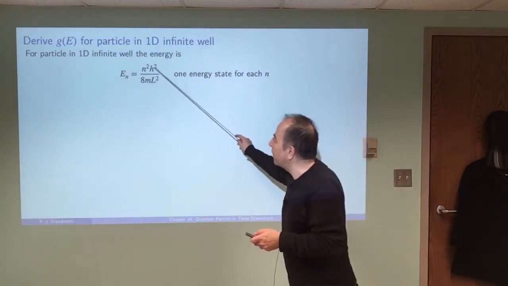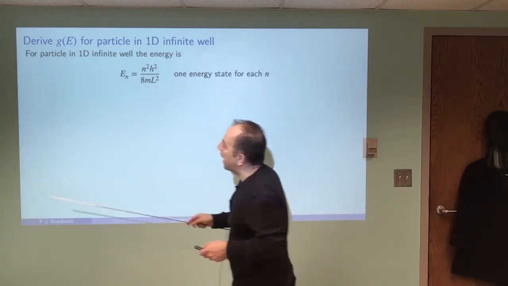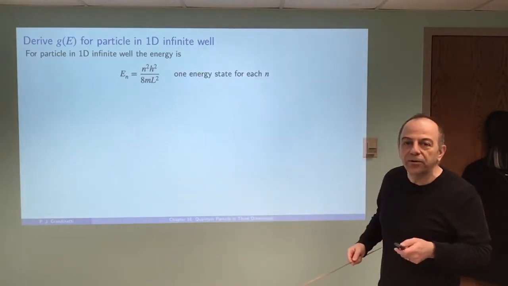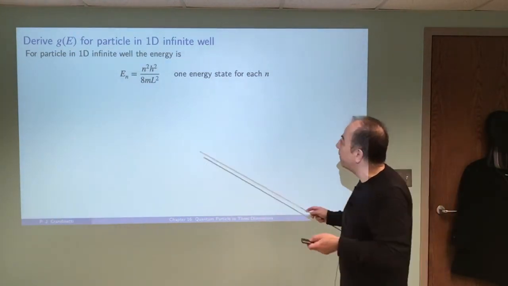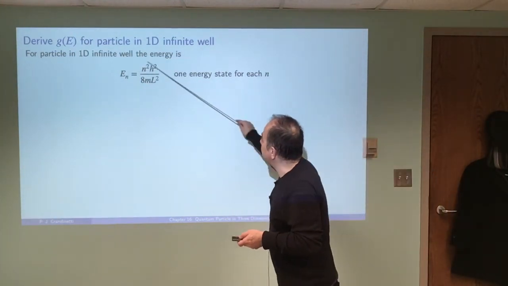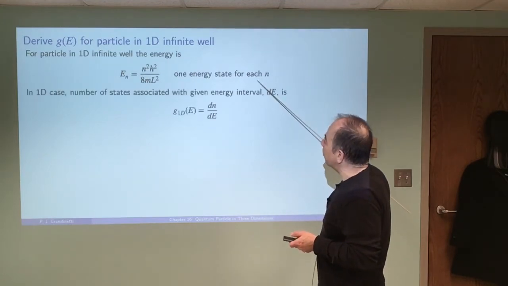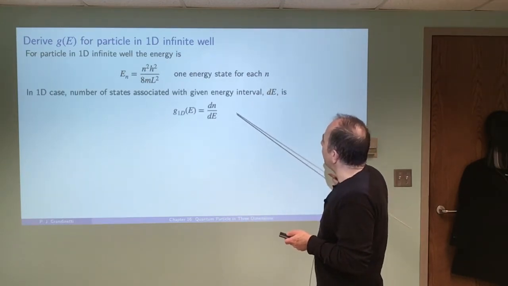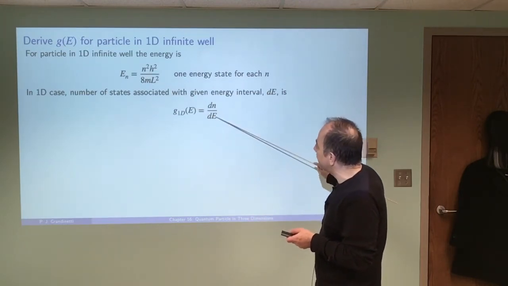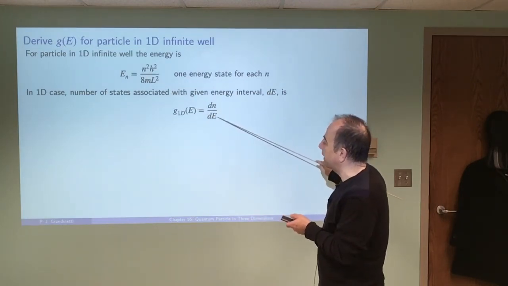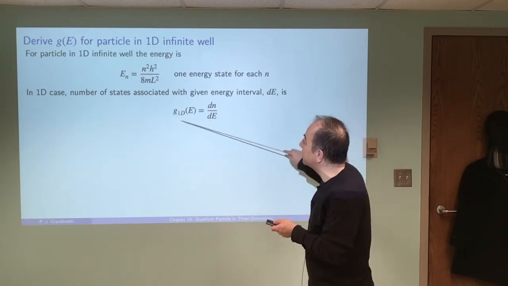So what I'd like to do is find an expression that models this increase in the density of states. In the 1D infinite well, we know that the energy is given by this expression. I'm going to rearrange this so that I can take the derivative with respect to the energy, because the number of states in a given energy level is my density of states.